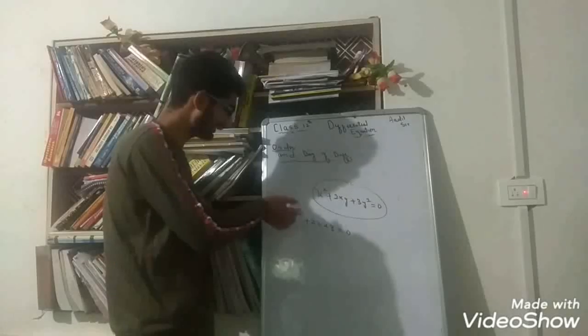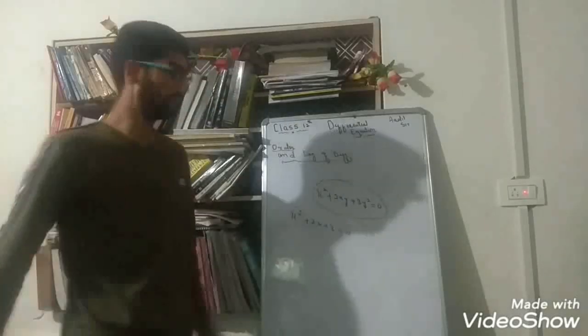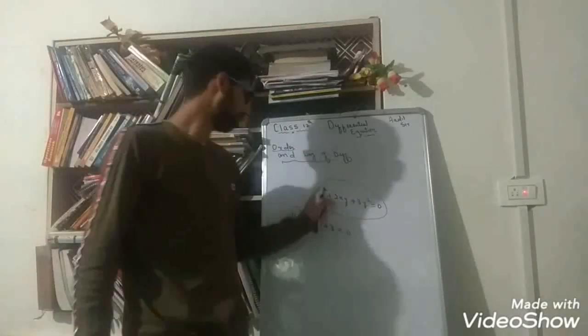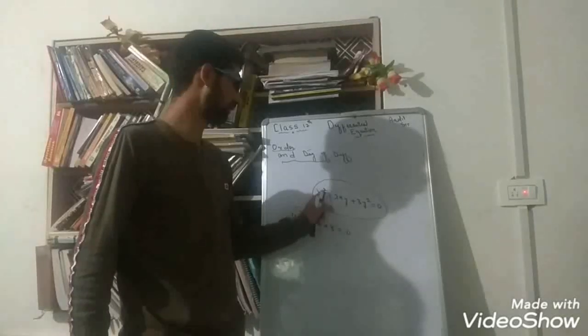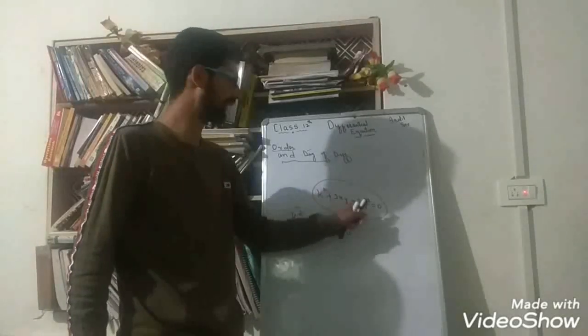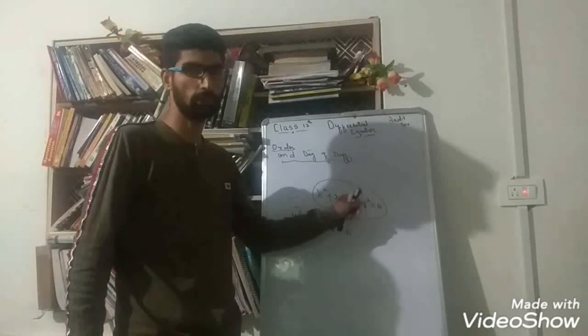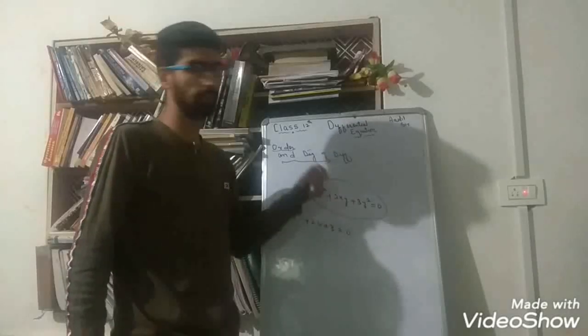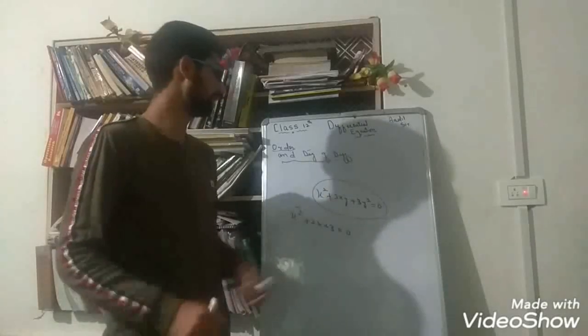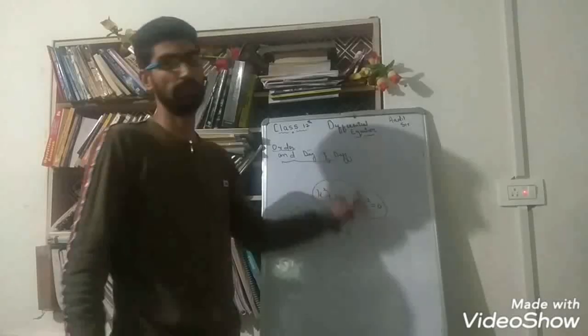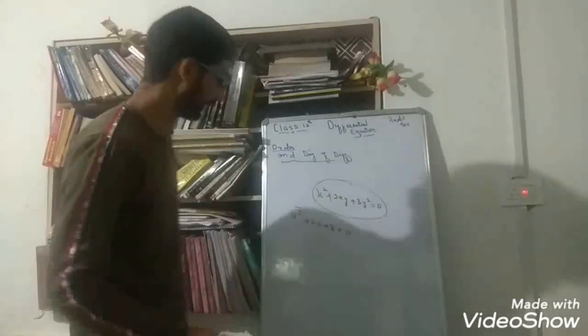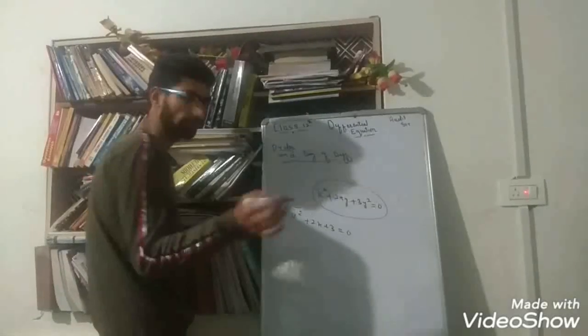That is 2, and this 2 we call the degree of the equation. But here x has power 2 and y also has power 2, so we cannot say whether the degree of this is 2 or 3 or 4, because we don't know.